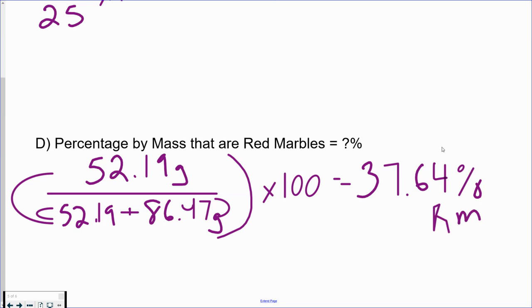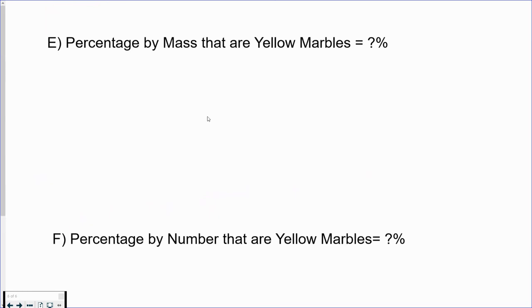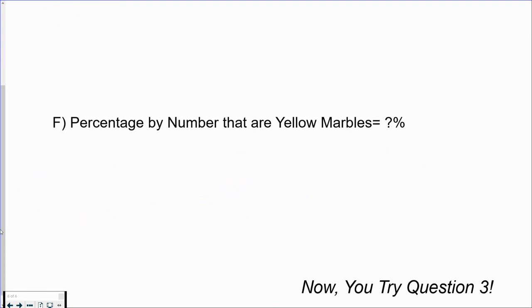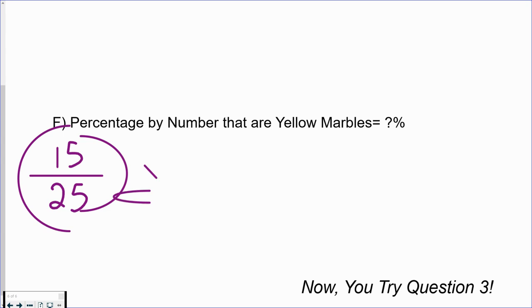So let's move on to the yellow marbles, this last set of questions. We're going to do F before we do E. So with F, we're talking about by number. Remember, there are 15 yellow marbles and there are 25 marbles total. So you're going to divide that and then multiply by 100.